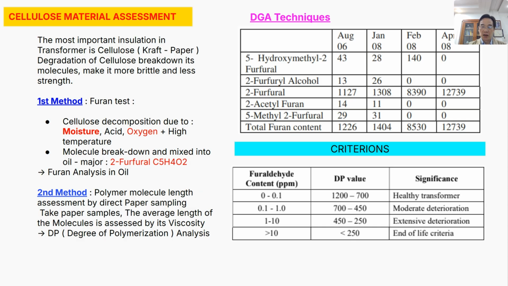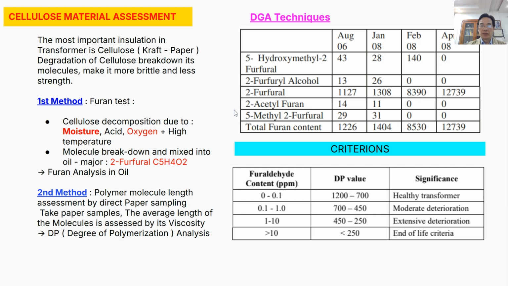So that is the closed loop. The moisture content and the acid level in oil are again the factors accelerating the aging of the cellulose material.